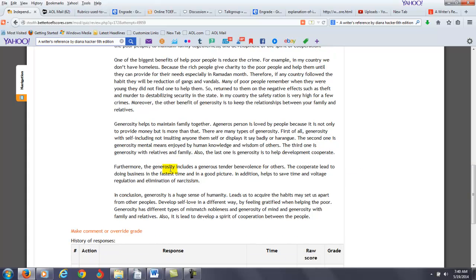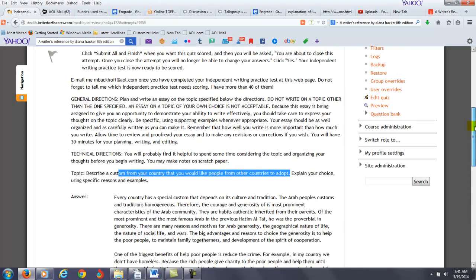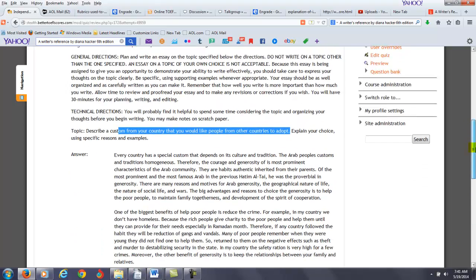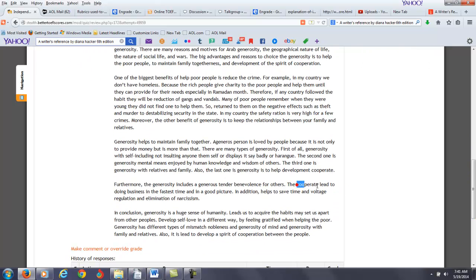Okay, let's go to the next one. You say, furthermore, the generosity includes a generous, tender benevolence for others. The cooperative leads to doing business. So you say in the first paragraph, the development of the spirit of cooperation. So you use cooperation here, but again, you should probably use that in the topic sentence.